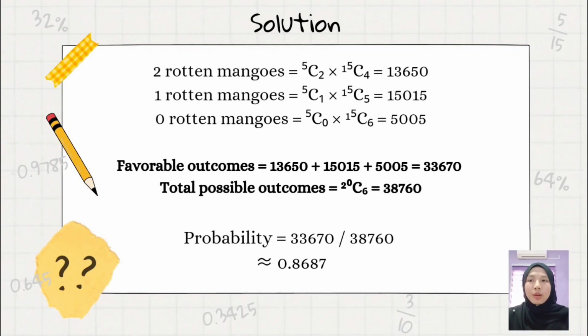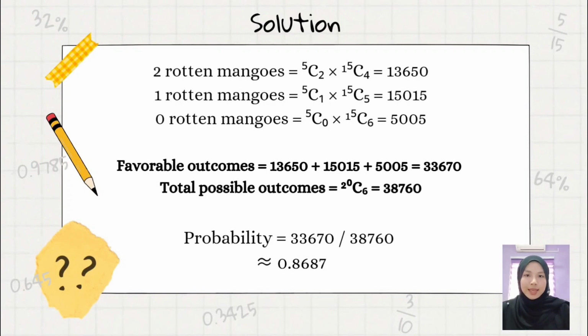Let's calculate the total number of possible outcomes. So the total number of ways to select any 6 mangoes from the 20 available mangoes is given by 20C6. It is the combination of 20 objects taken 6 at a time. So 20C6 is equal to 38,760.